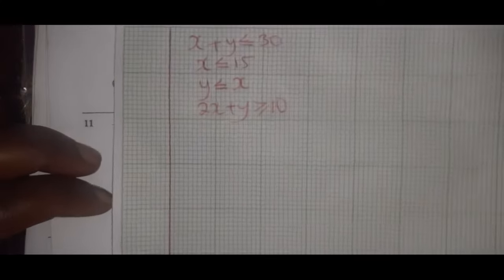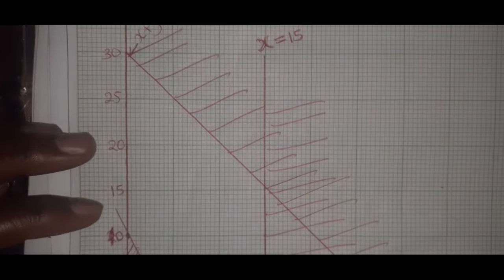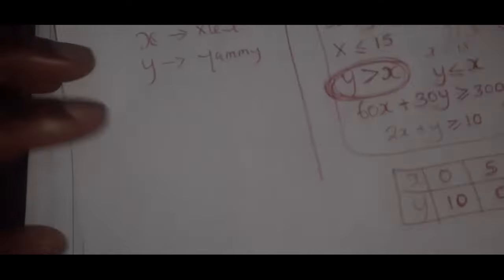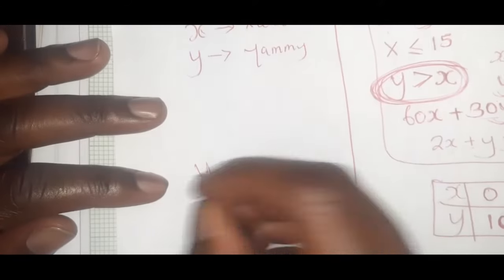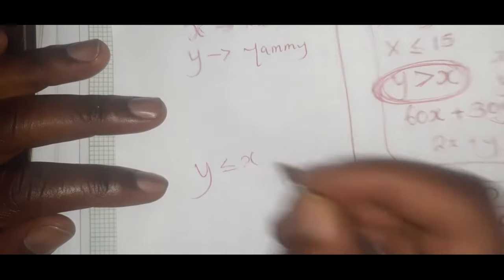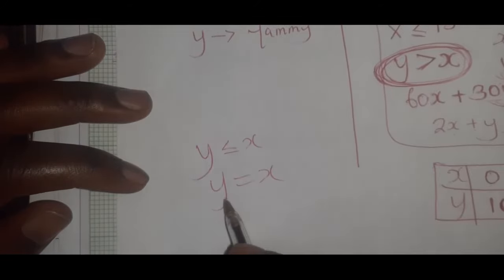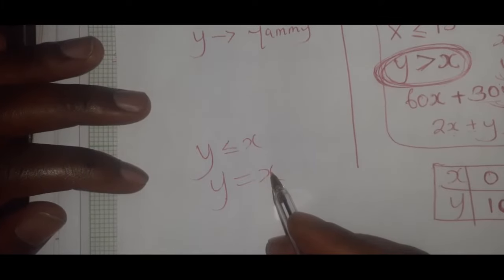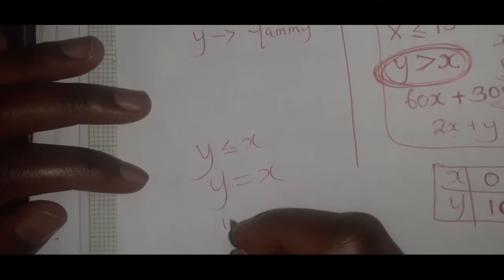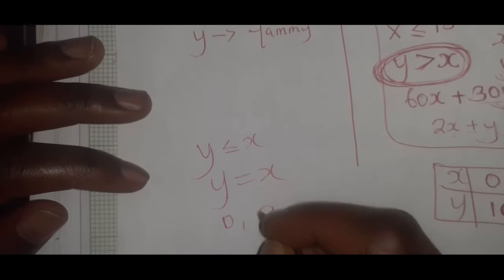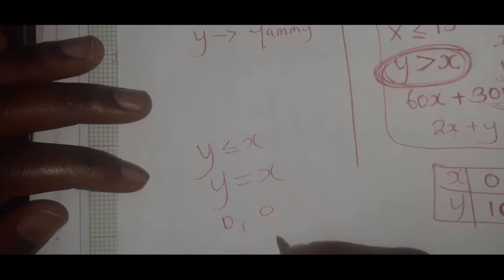Okay, so we deal with the other one now. As you can see, we are looking at the y. In terms of an equation, this is y equals x. The y coordinate is the same as the x coordinate. If this is 0, this one is 0. If this is 10, this one is 10.